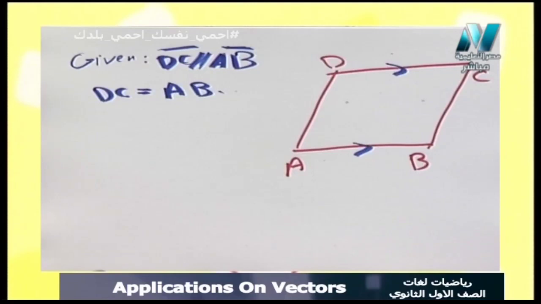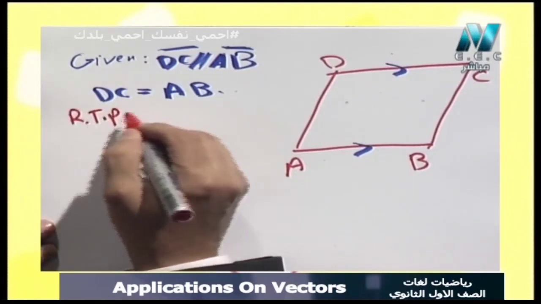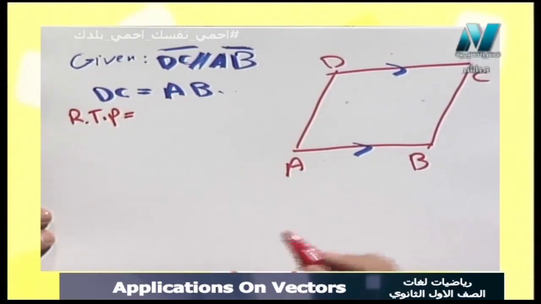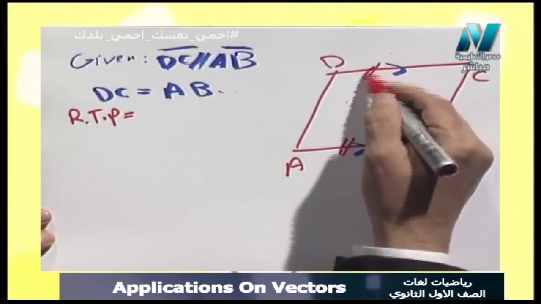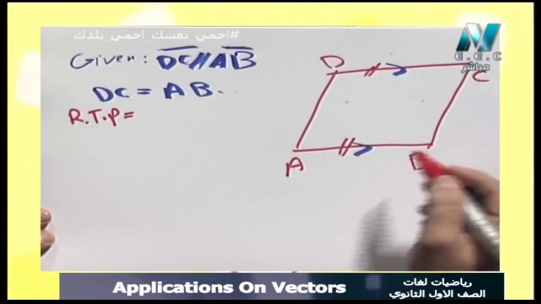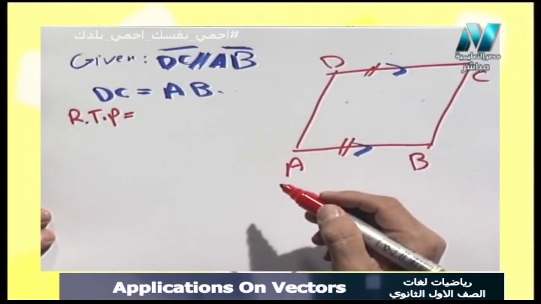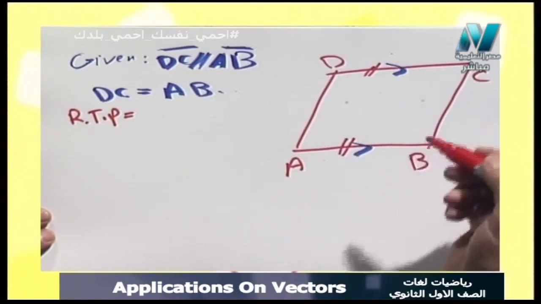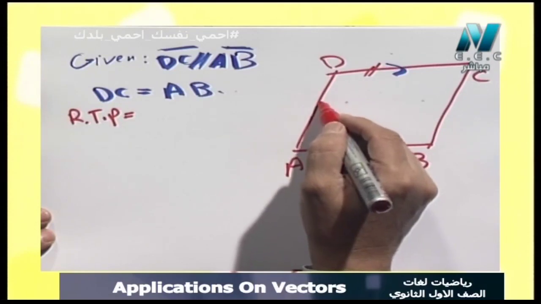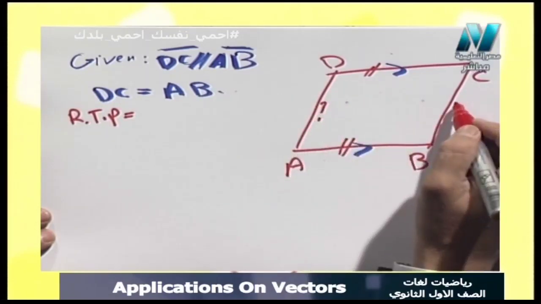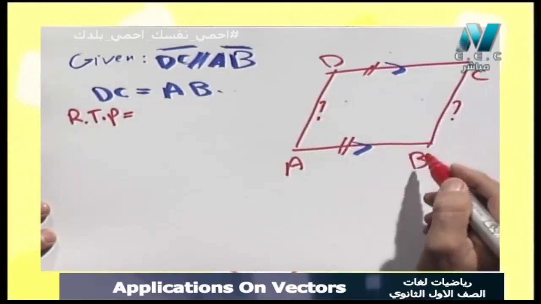The required to prove is that if DC is parallel and equal to AB, then ABCD is a parallelogram, or we will deduce that DA is also parallel to CB and DA also equals CB.